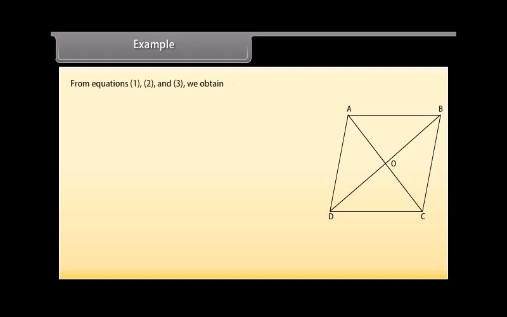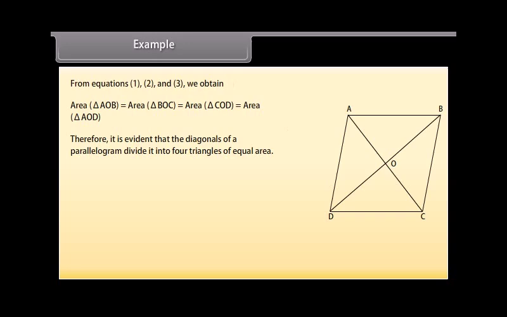From equations 1, 2, and 3, we obtain area of triangle AOB is equal to area of triangle BOC, which equals area of triangle COD, which is equal to area of triangle AOD. Therefore, it is evident that the diagonals of a parallelogram divide it into 4 triangles of equal area.